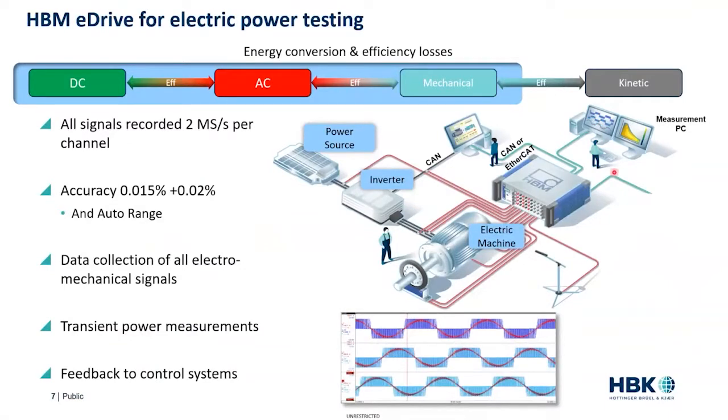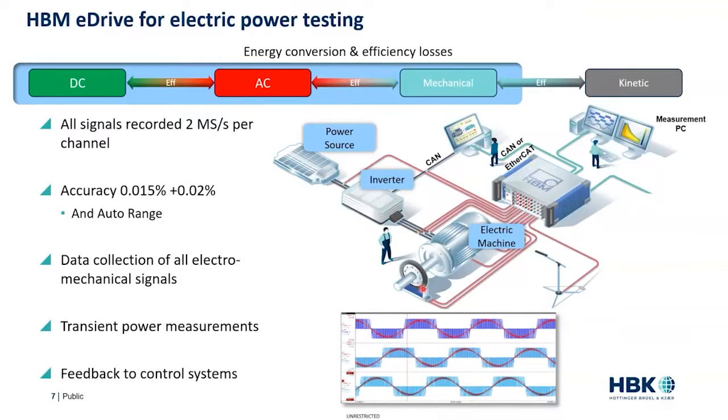So when we're looking at this, we can collect DC voltage and current here from the battery. At the same time, we can monitor what the CAN bus is saying to the inverter. We can calculate and measure the voltage and current from the AC inverter. We can go through the electric machine, and we can actually measure using HBM's torque cells, the torque and the speed that's coming out.